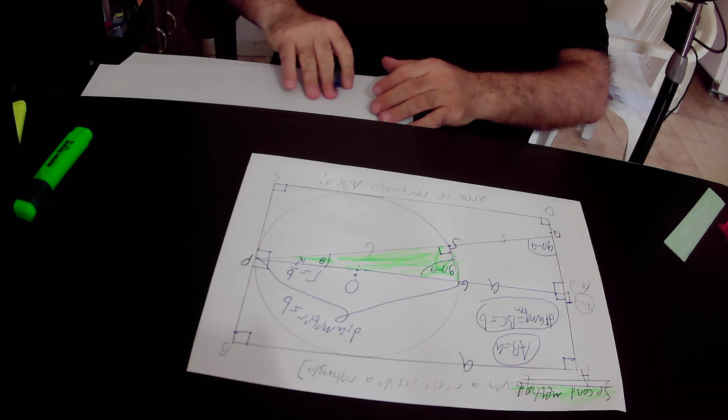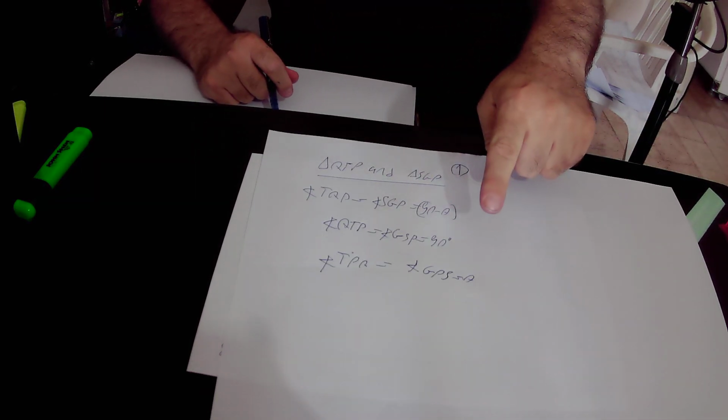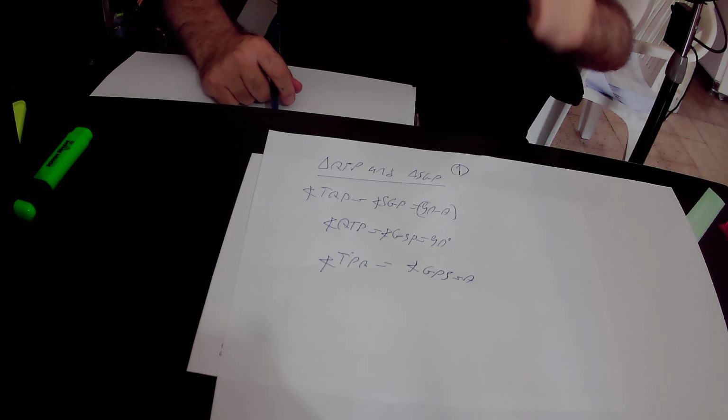Angle theta is a common angle that belongs to both triangles.